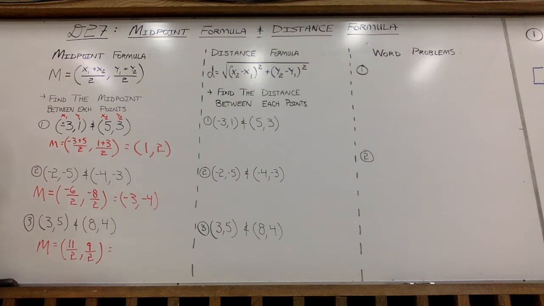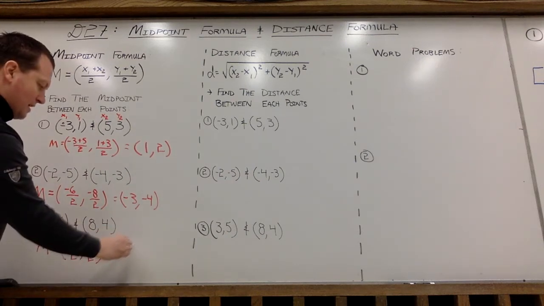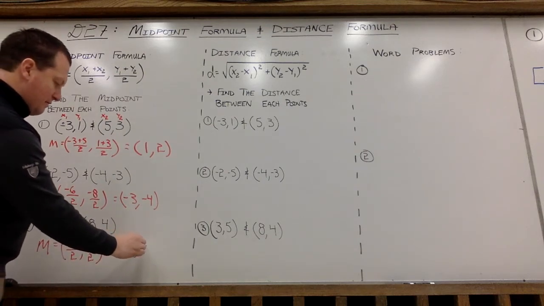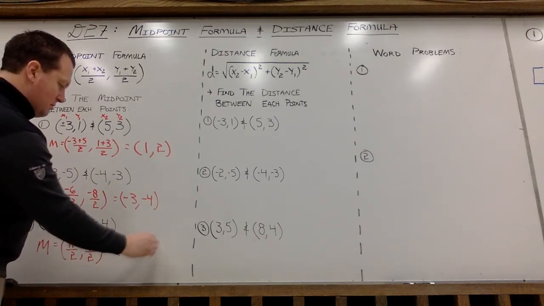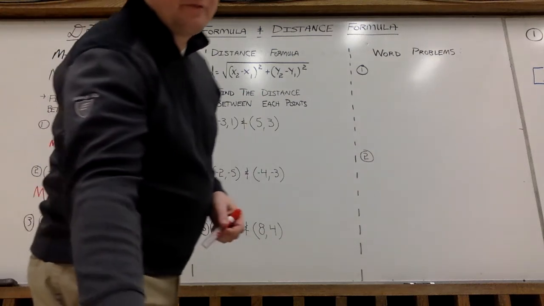Simplifying, half of 11 is 5 and a half, so 5.5 is good with me, or if you want to write 5 and a half as a fraction, all good. And then 9 over 2 is 4 and a half. So there is my midpoint for 3, 5, and 8, 4. It would be 5 and a half to the right, up 4 and 1 half.